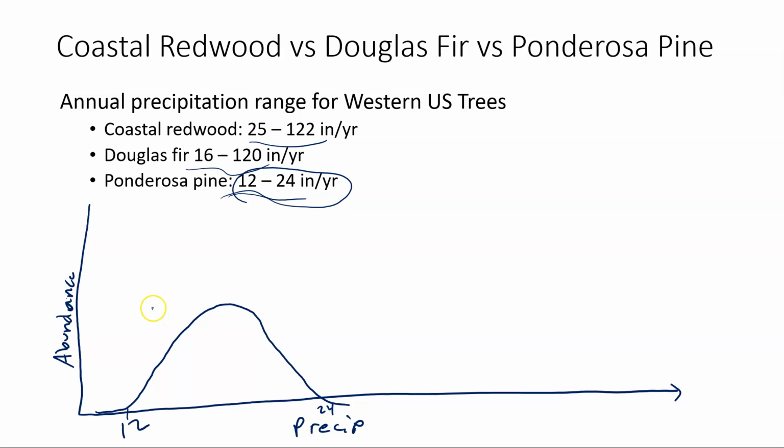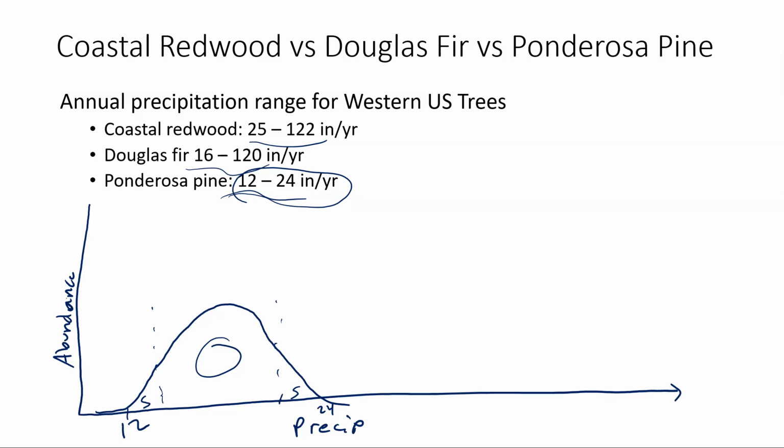And so we're probably going to have our most abundance here, but near that 12 range, we're going to have a zone of stress, and then below 12, probably a zone of intolerance. Now, ponderosa pines seem to do best in this range.